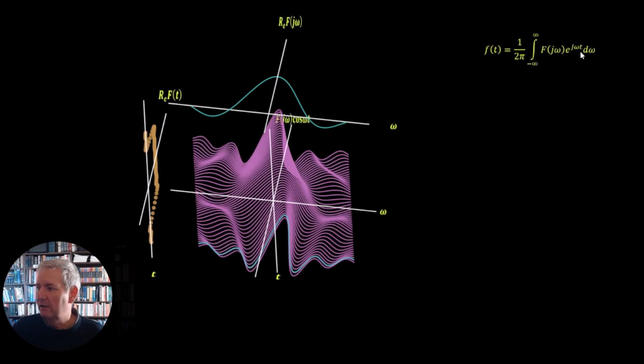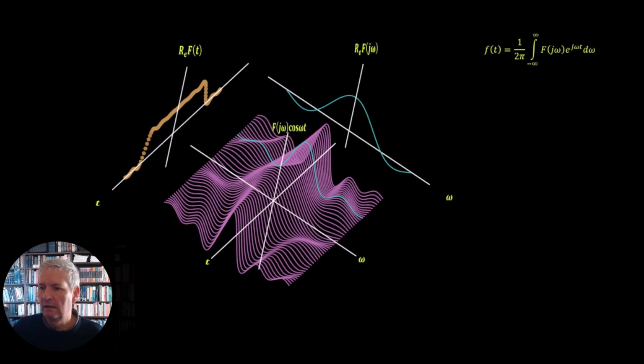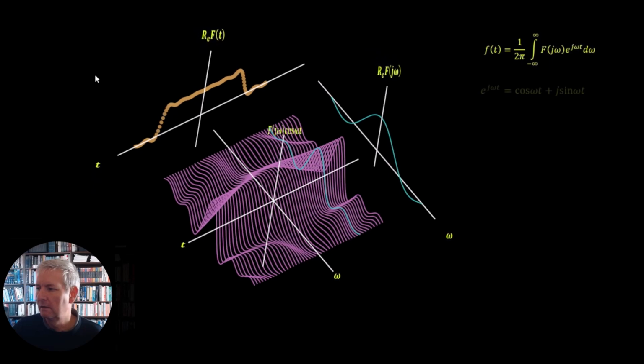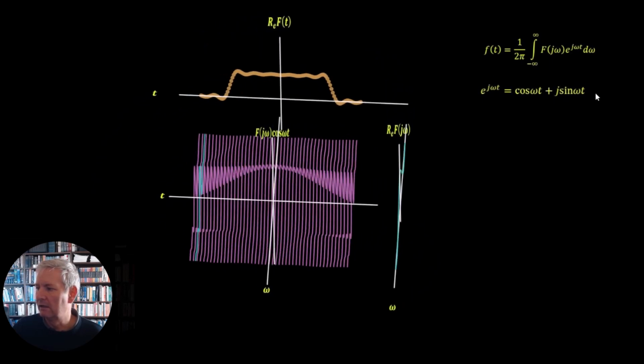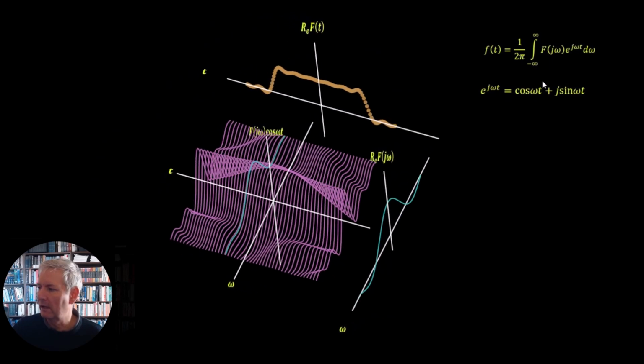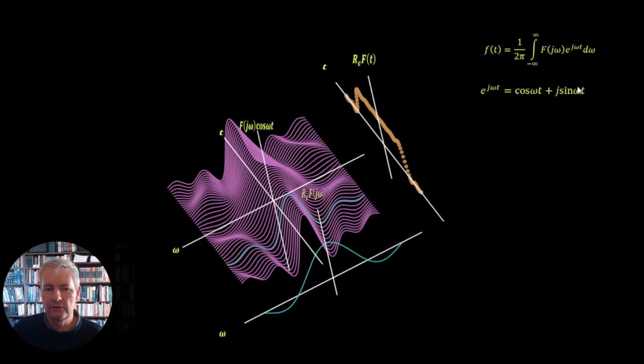Now, as I said, the e to the j omega t can be written in this form here. So it's going to be a cos omega t and sin omega t. So this is where we get our cos omega t surface. But we would also have a sin omega t surface.